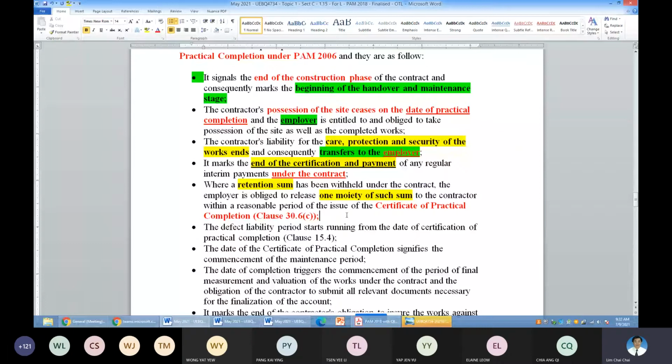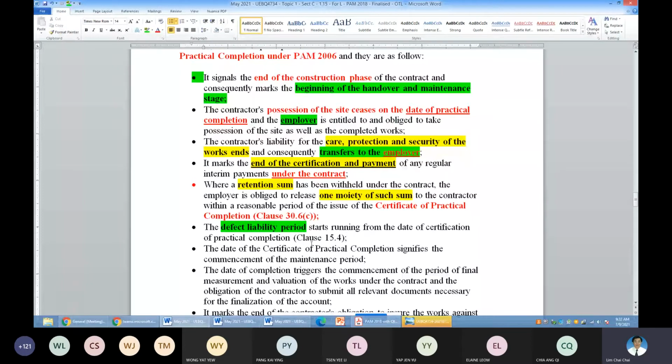Okay, so once you receive the CPC, it is only that date the DLP will commence. So the DLP will commence immediately after the date of the CPC.